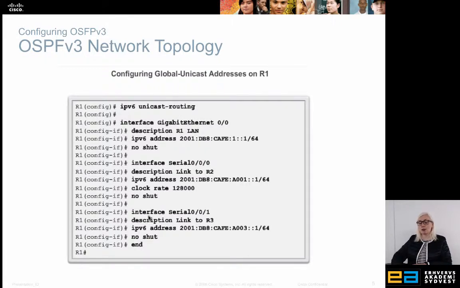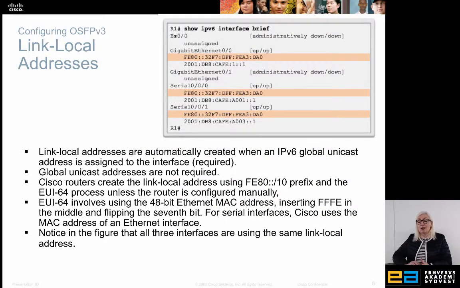Then here we have just set up the IP addresses on our three different interfaces. That's just basic setting up of the interface addresses. It's important to remember when we are talking about IP version 6 that we have something called the link local address.